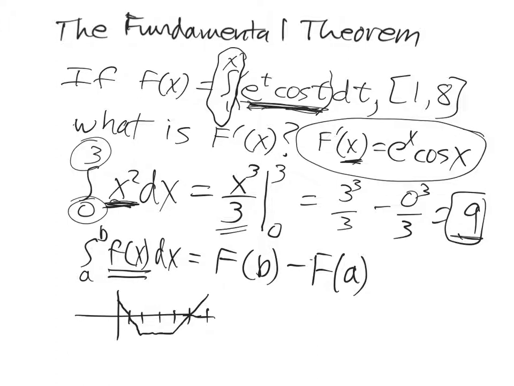Now, if this is our function y equals f of x, we'll just make this fairly straightforward here. Integrating from 0 to 6 for this function, how would we calculate that?